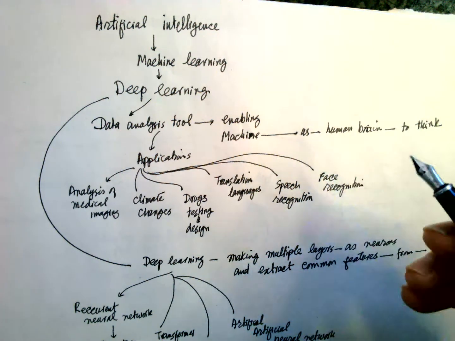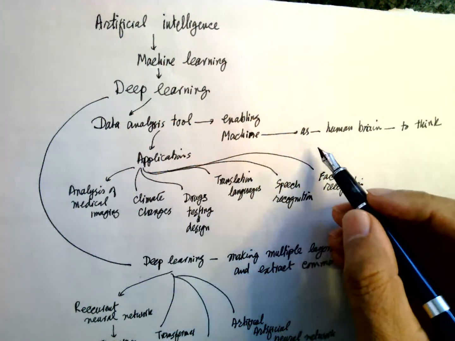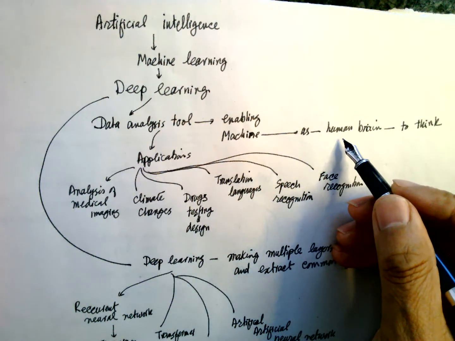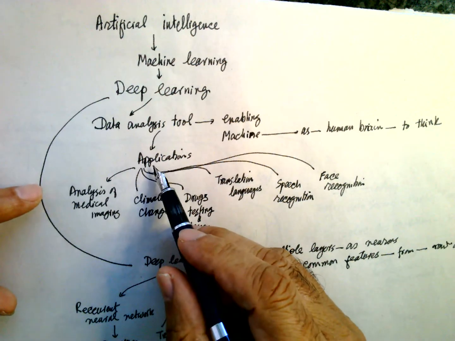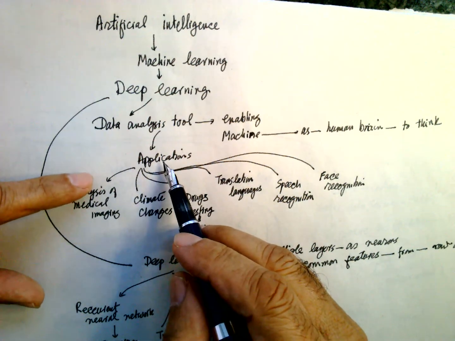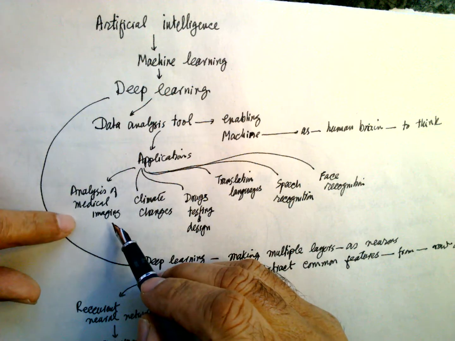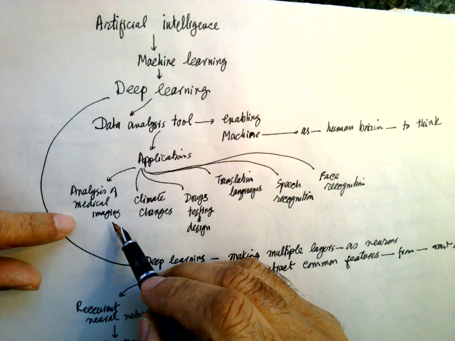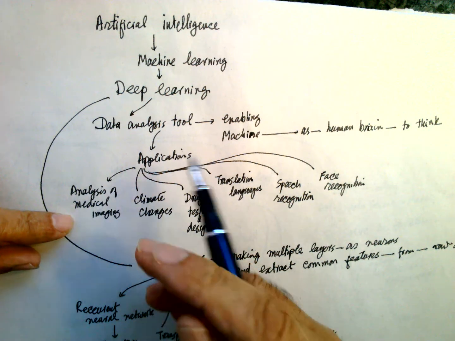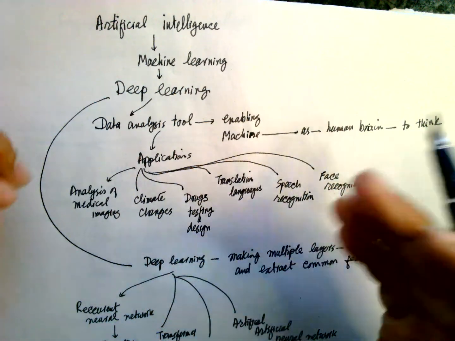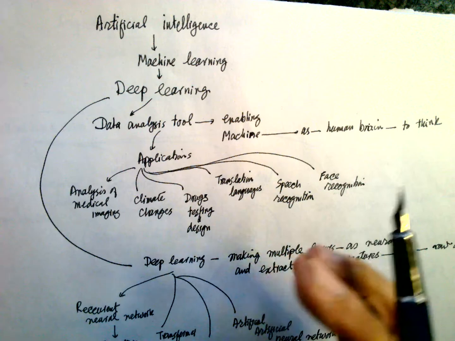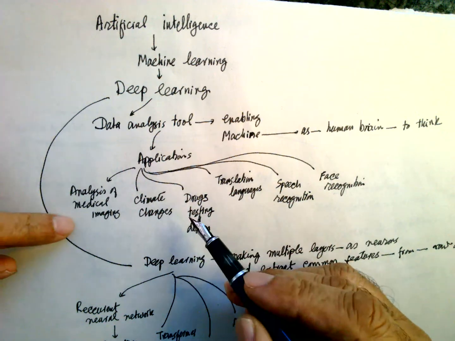The human brain has neurons, so it depends mostly upon neurons and connections. There are vast applications of deep learning in the analysis of medical imaging. Instead of human interaction, there is machine interaction, seeing many images and making decisions.